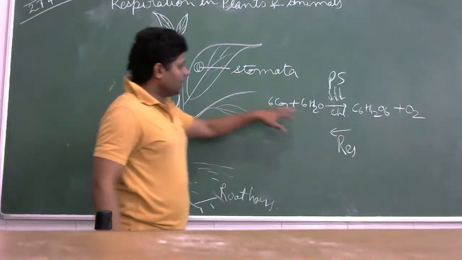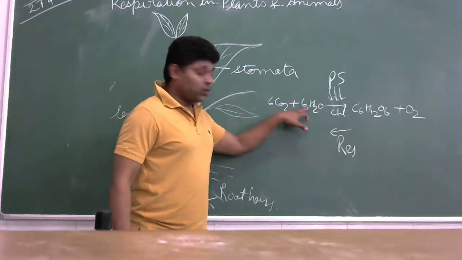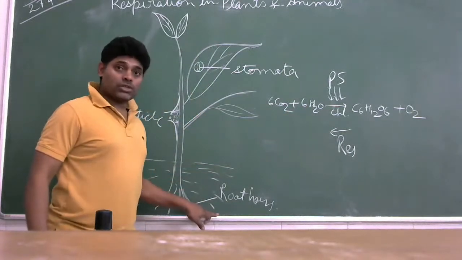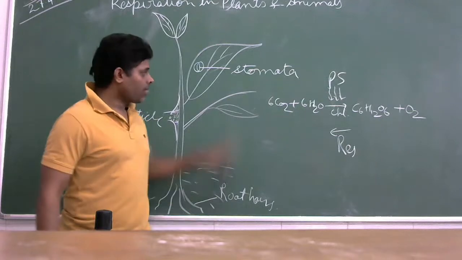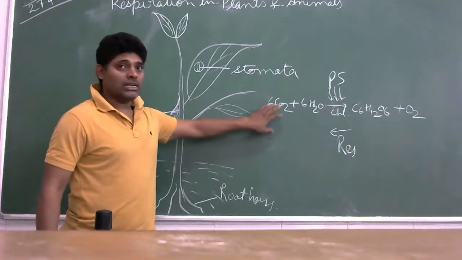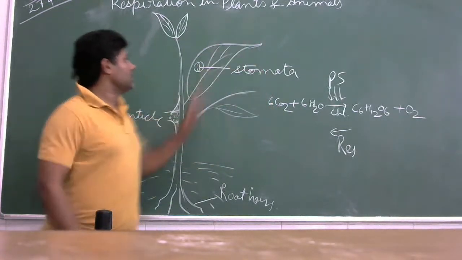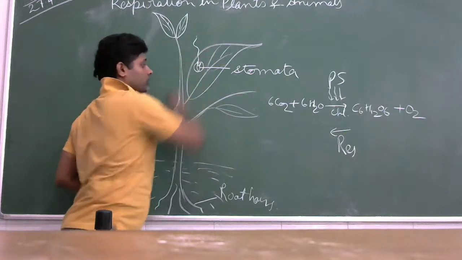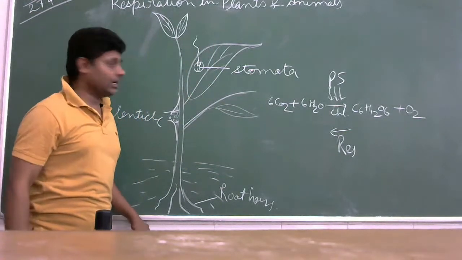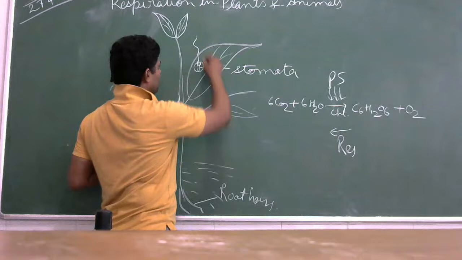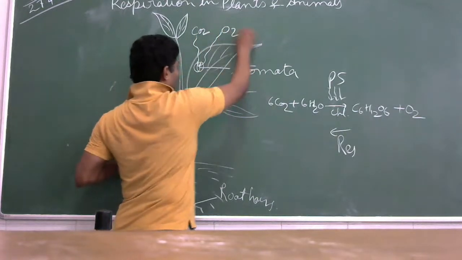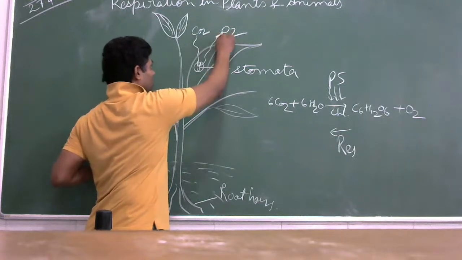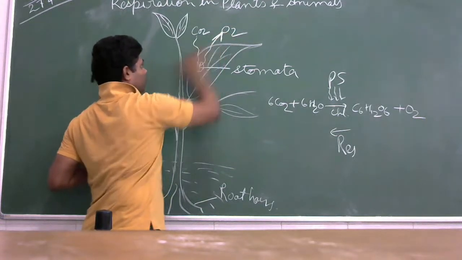So, in photosynthesis, water molecules are taken in by the roots, and CO2, carbon dioxide molecules, are taken in from the atmosphere, and then make glucose molecules, and then they release oxygen molecules to the atmosphere.